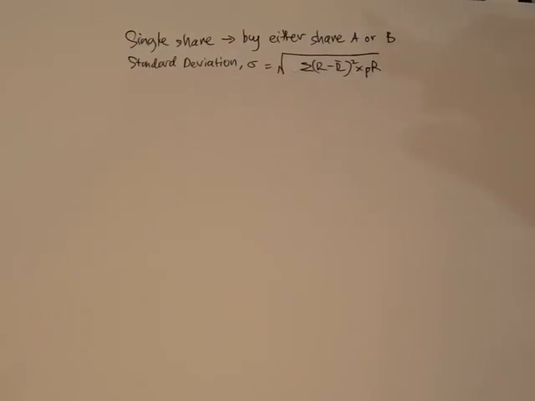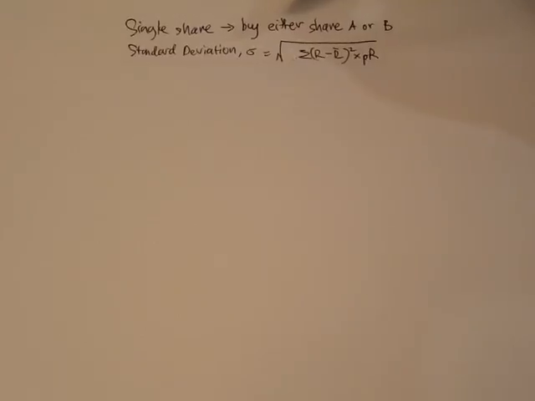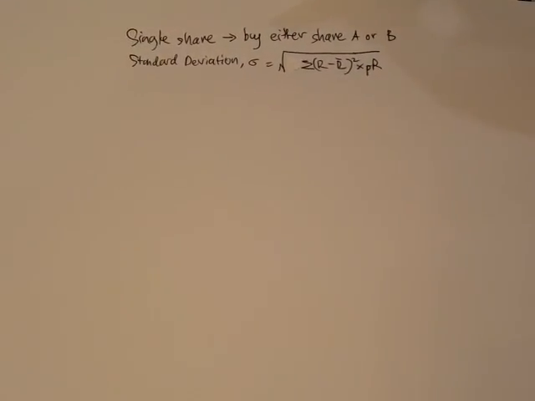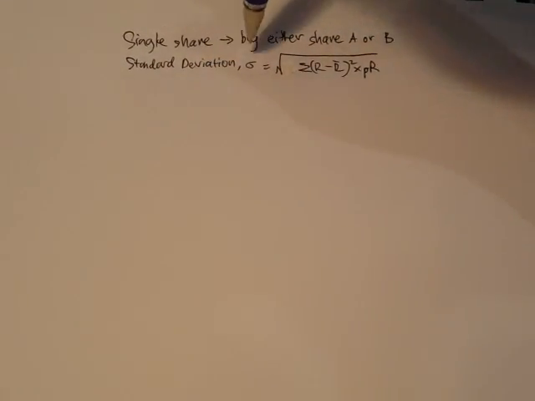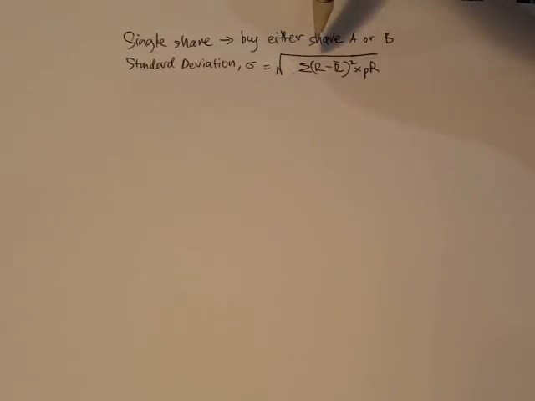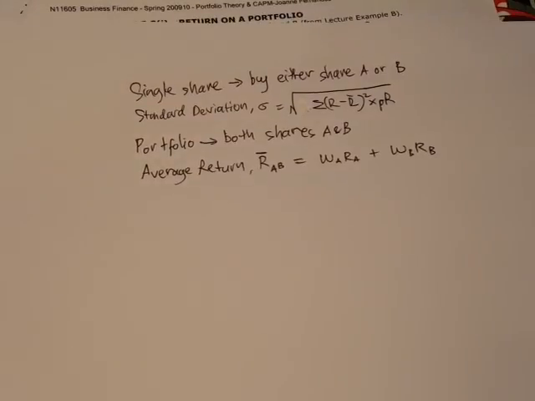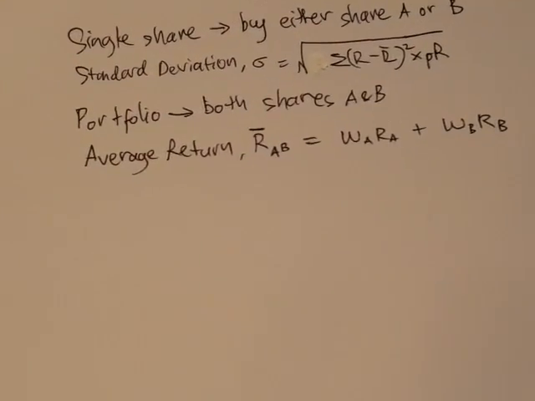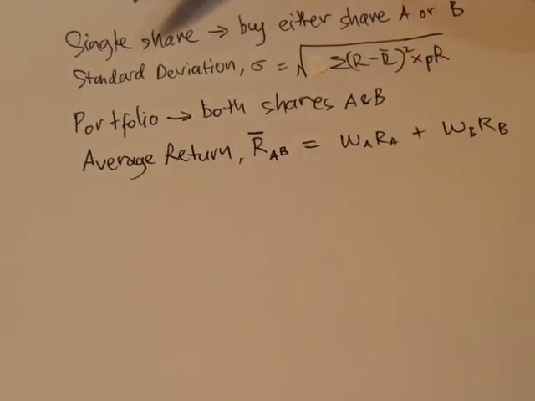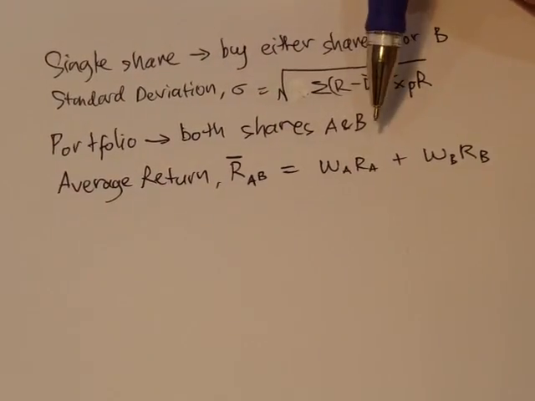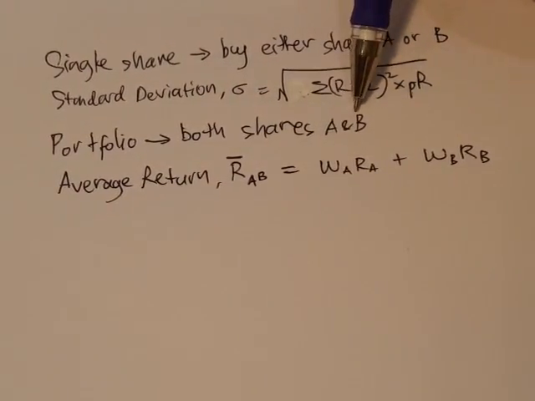When you have a single share, that means you either buy share A or share B. Standard deviation formula is R minus R bar to power 2 times probability, then square root. For portfolio, you buy both shares, A and B. How many percent A, how many percent B is your weight.